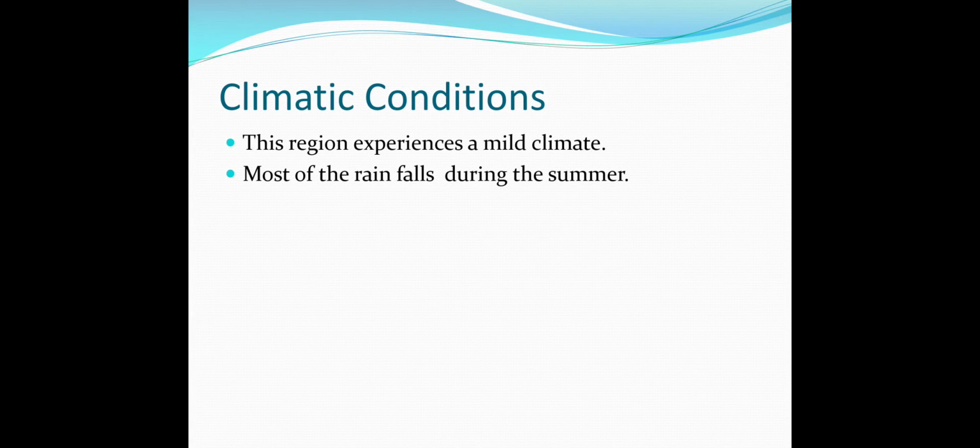Since the region is in the temperate zone, summers are short and warm. Why do I say that? Any specific reason behind it? You all have already studied about the heat zones in class 6. You have studied the torrid zone, the temperate zone, and the frigid zone, right? You have studied what happens in these three zones.